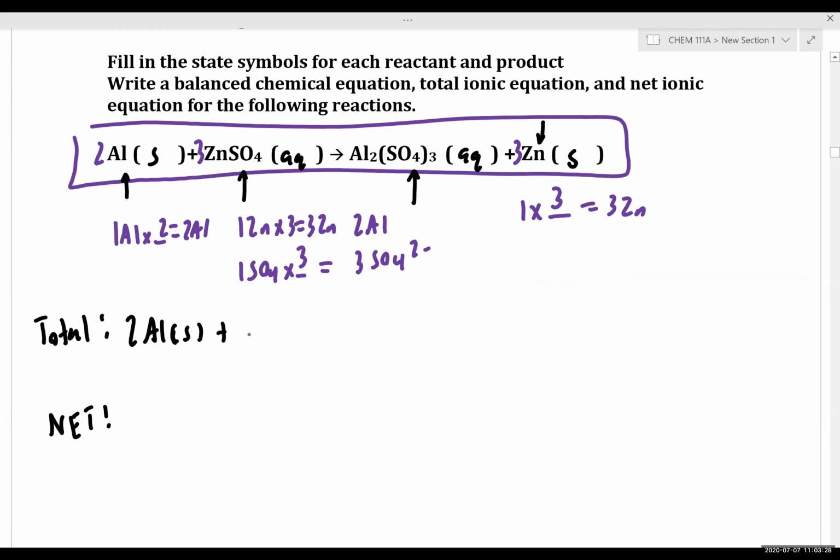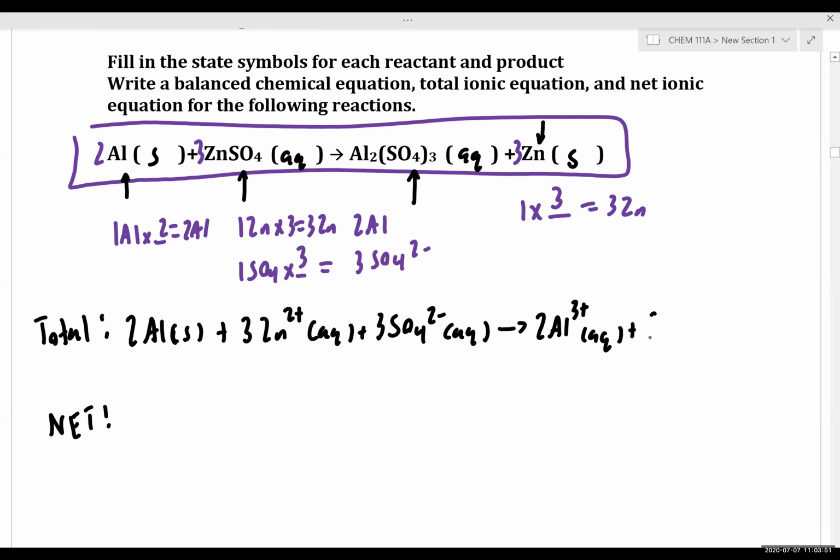Zinc sulfate breaks down into 3 zinc 2+ aqueous and 3 sulfate aqueous. Aluminum sulfate breaks down into 2 aluminum 3+ aqueous and 3 sulfate aqueous.